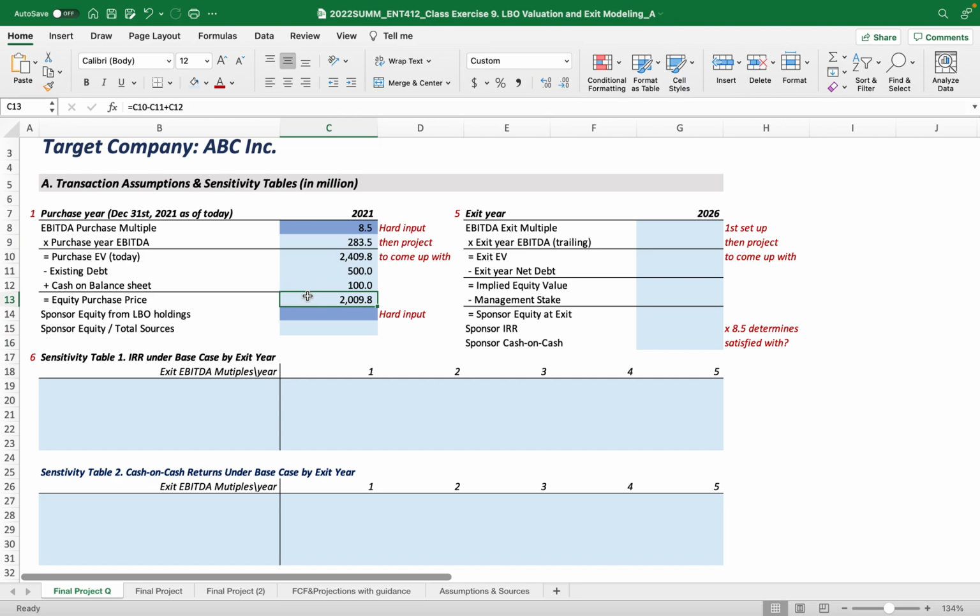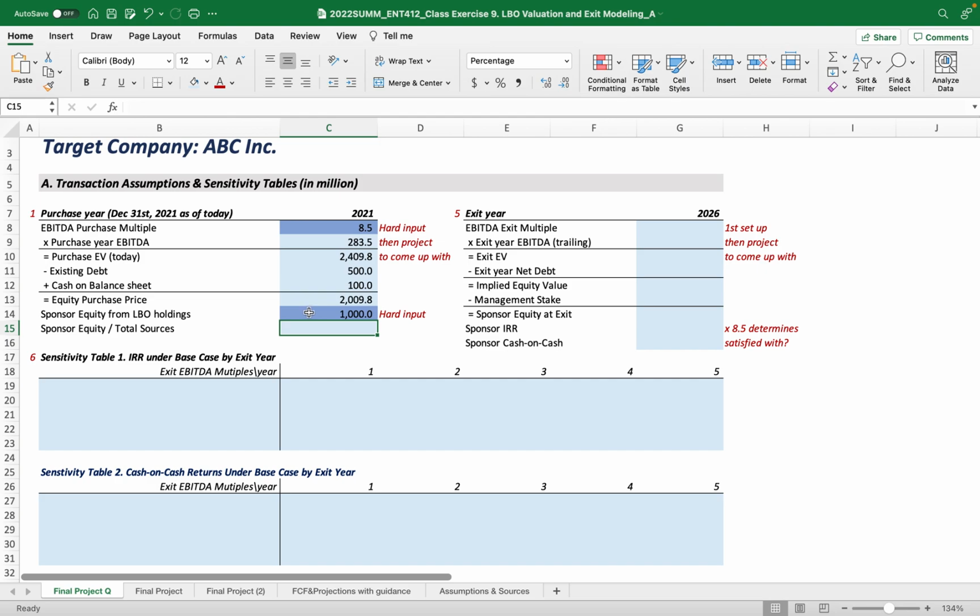So this is the replacement between the old equity and the new equity invested by the LBO holdings. Usually for the LBO holdings' new equity investment, we can just start from 1,000, or about half of the purchase EV. So let's assume just 1,000, around 50%.